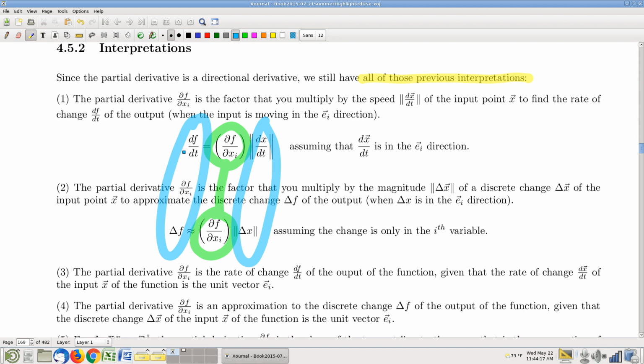So again, asterisk, right? It's not like this is what you multiply by exactly the input change. I mean, the input change is in fact a vector, right? We're multiplying by a scalar, the magnitude of the input change. But again, it's got this kind of factor look to it, and that is appealing.